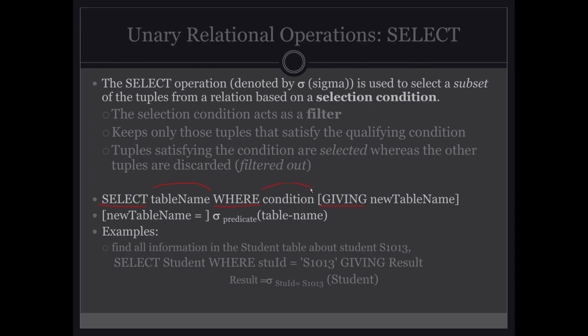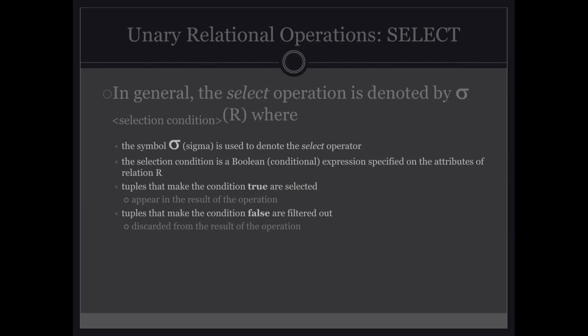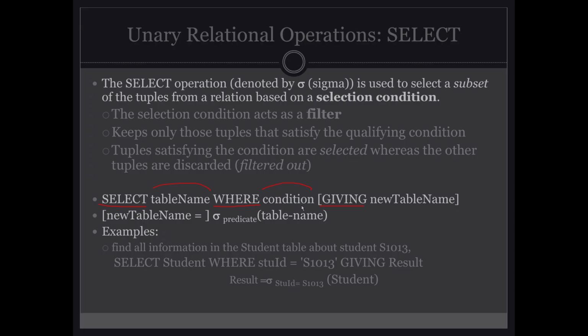Here you're gonna write the condition, which is the way you're gonna select the records, like what condition do you want them to satisfy, such that when the condition is true, the record is going to be returned in the result, and when the condition is false, it's not going to be returned in the result. And then you have giving the new table name, which puts the result into a new table, at least a temporary one anyway, I'm not really sure. And this part, giving new table name, is optional, okay?